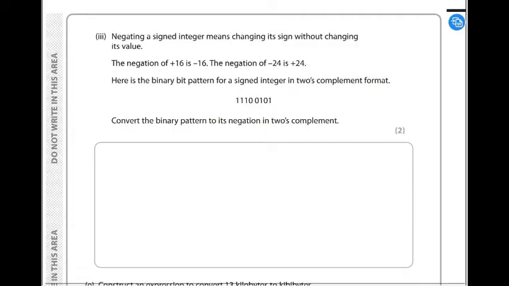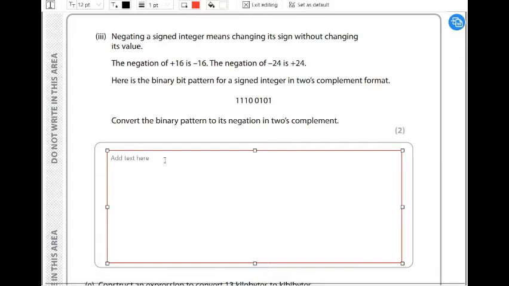a binary bit pattern for a signed integer using 2's complement. So we have to convert the binary to its negation using 2's complement format. So in such a case, let's say we've got one, so I would do 128, 64, 32, 16, 8, 4, 2, 1.